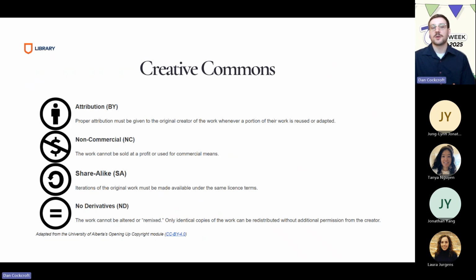Finally, we have no derivatives, ND. You may remember before I was talking about that distinction between open access material and OER. Well, this is where we draw the line. No derivatives means that the work cannot be modified.